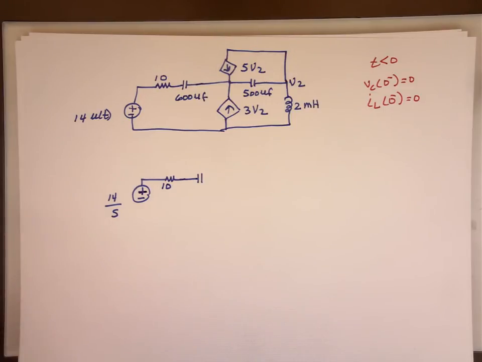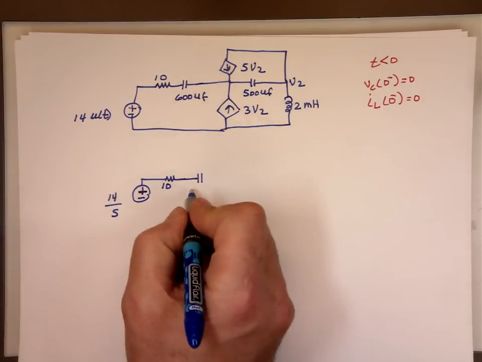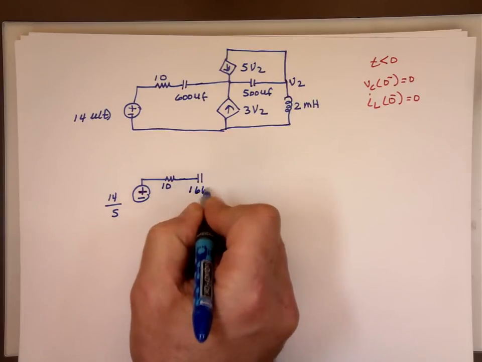Micro is 10 to the minus 6, right? This number is roughly, approximately, 1667 over S.